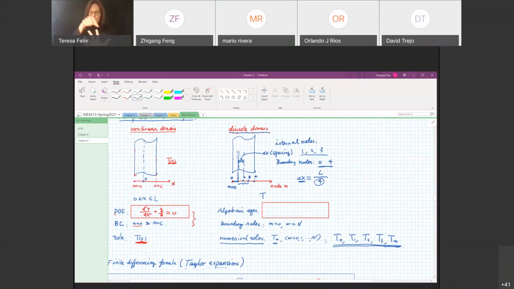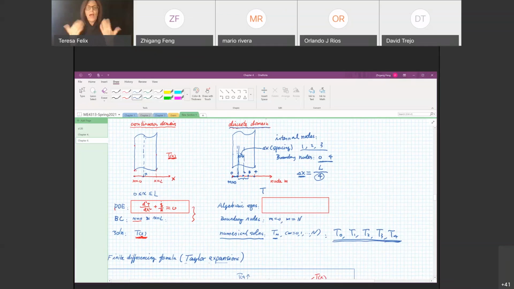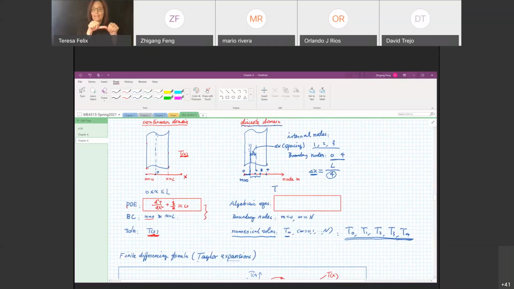It's a discrete solution. We don't have a solution between 0 and 1. Unlike the continuous solution T(x), where x can choose any value, in the discretized domain we will only be able to find the solution at the node points. So it's a discretized solution, okay?